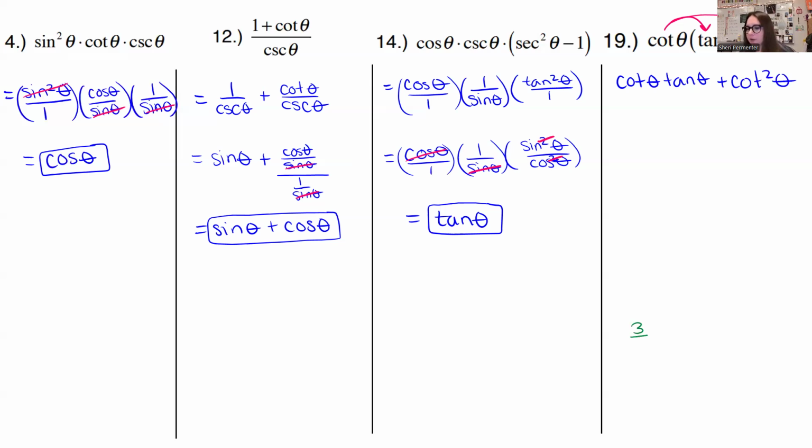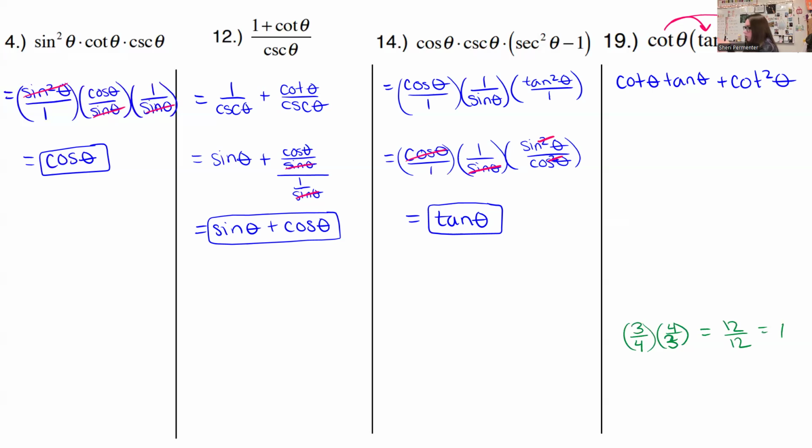Let's say we have 3/4 and we multiply by the reciprocal. The reciprocal would be 4/3. We multiply straight across. I end up with 12/12. What's 12/12? 1.